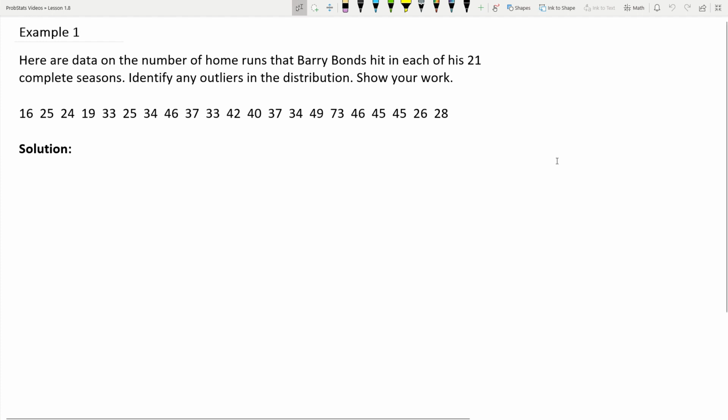Okay, so the first thing we want to do, if we want to identify any outliers, is find the interquartile range, which means we're going to have to find the median and then work our way to the Q1 and Q3. So we're going to have to list these in order. So the first number is 16, 19, 24, 25.